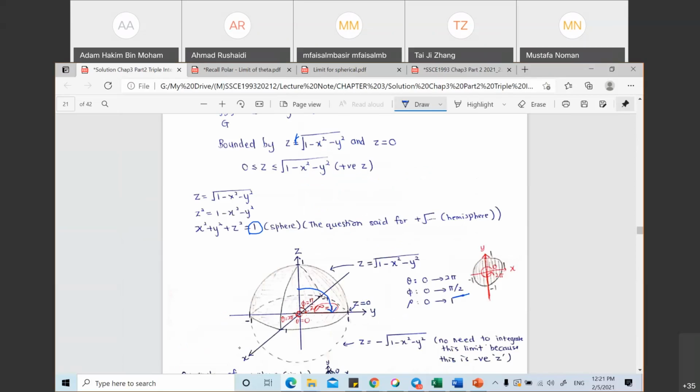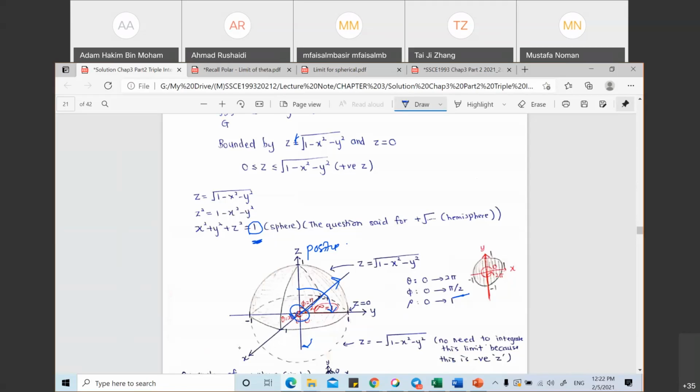And your radius until here is 1. Can you see it? You have an extra thing now, other than just the angle from here to here. You have to see the angle phi, which starts from positive Z, and the maximum should be until pi. Why?